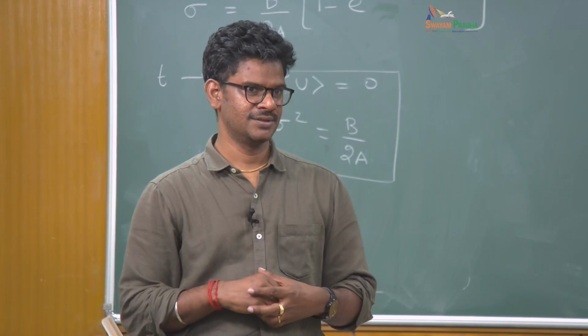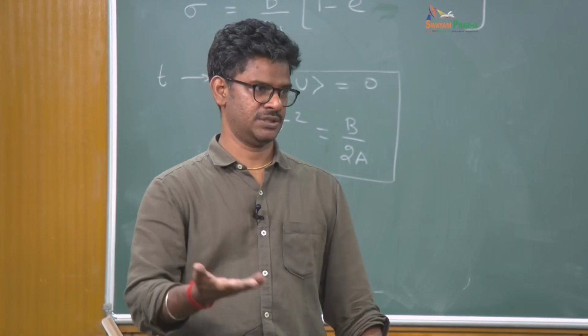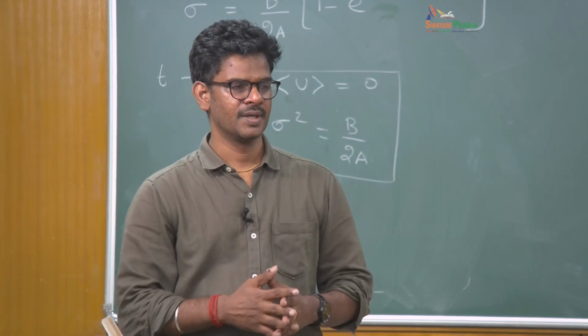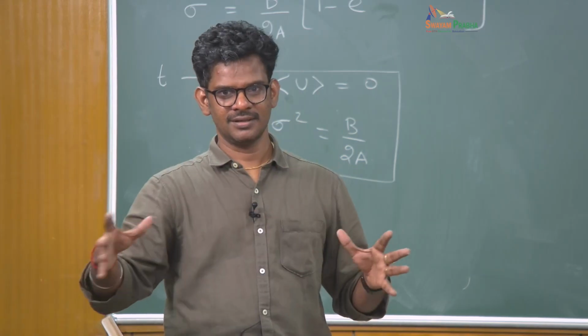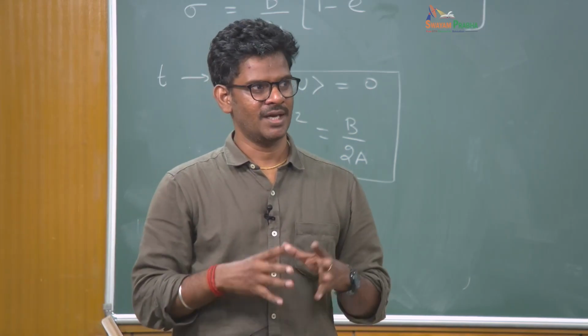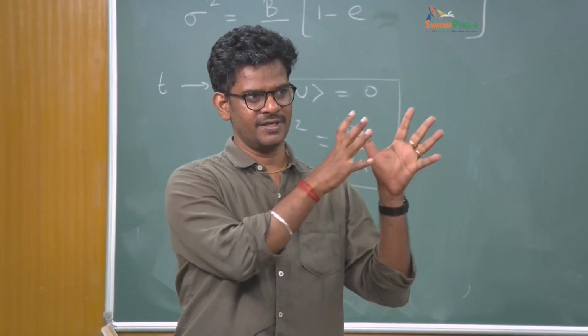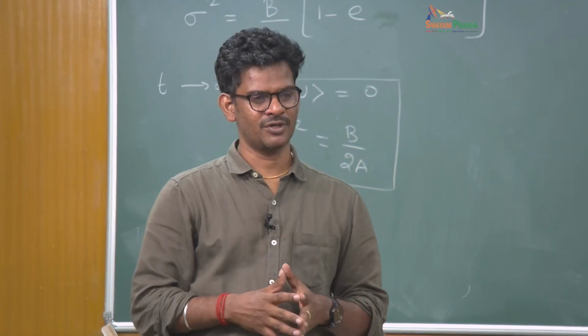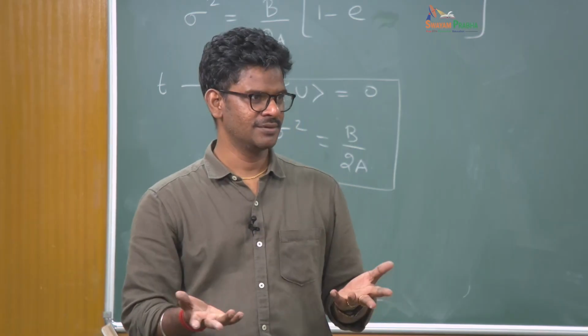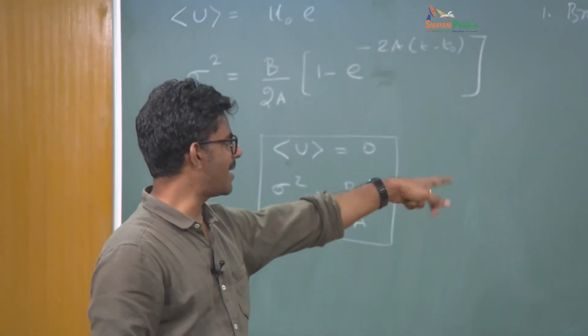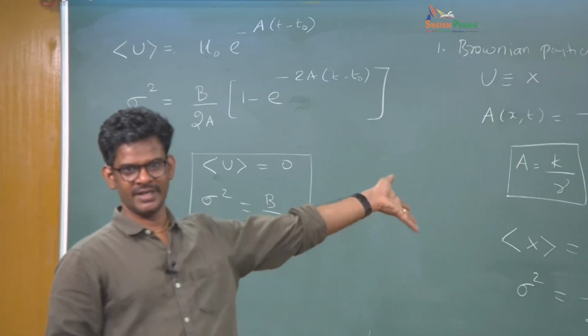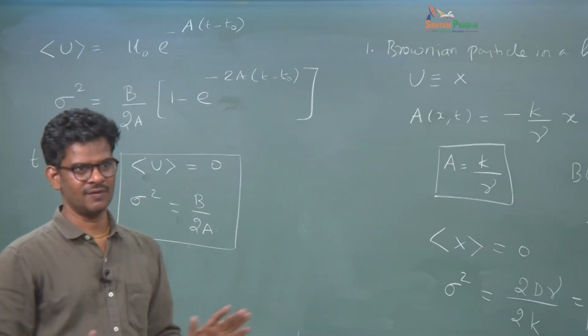Now, given a new situation, let's say I give you a new problem, you have to write the corresponding Langevin equation, and then see what the A and B values are going to be. If A and B values satisfy the Wiener process or the Ornstein-Uhlenbeck process, you don't have to really solve anymore. You know all the solutions, you just have to map the coefficients and you'll get the steady state solution directly without solving anything.